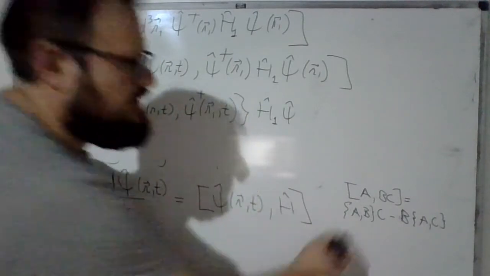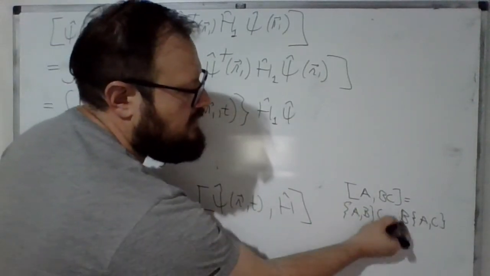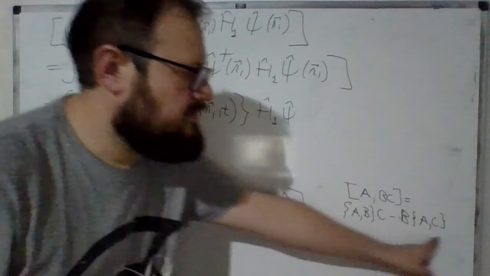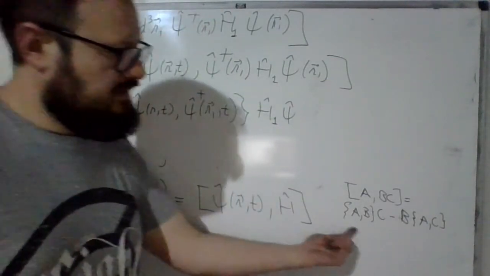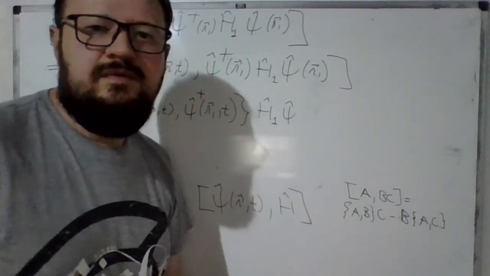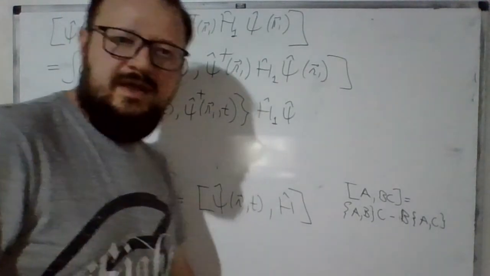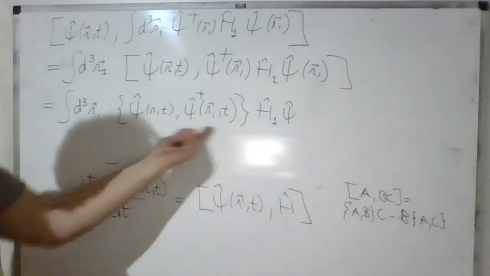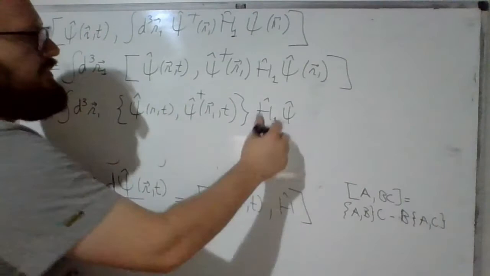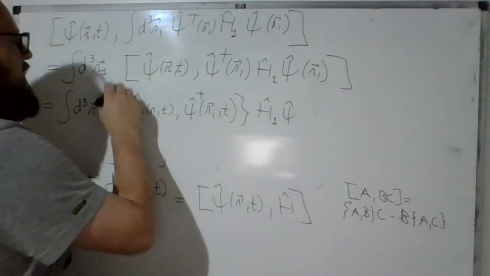If bosons, it would be commutators, but since they are fermions, we are using the example of electrons, we use anti-commutators, and this is the first part here.